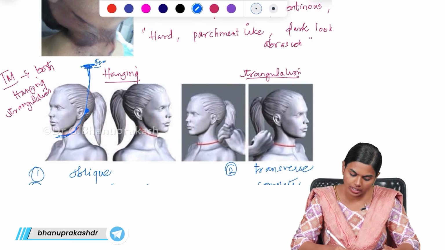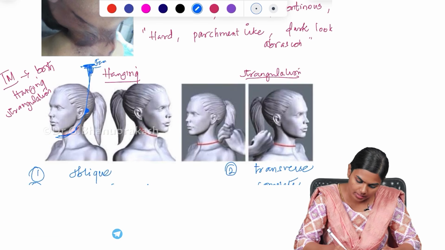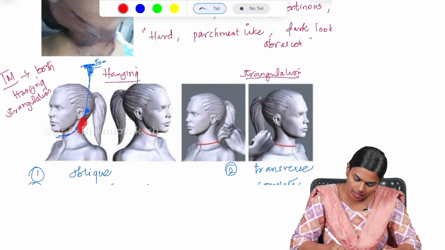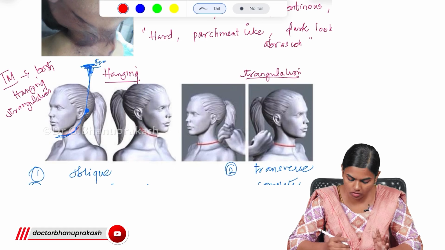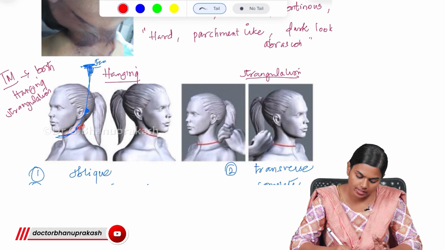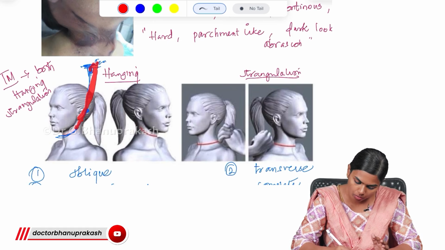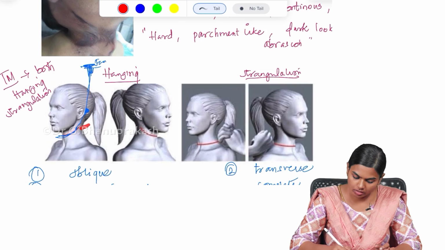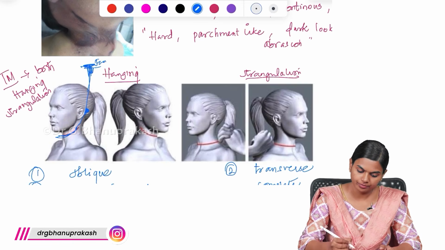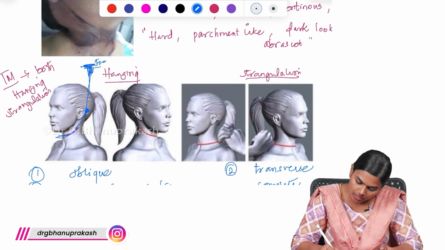Now since it is pulling upwards, this area will be free. It will not have any sort of ligature mark, since the point of suspension is here and it will be pulling upwards. So this is known as the suspension peak.